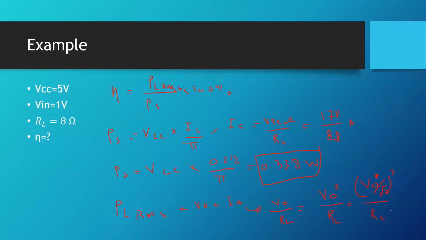So let's move to the next slide here. Our power at the load would be, as mentioned before, V peak was 1.7 volts at the output, over square root of 2, all squared over 8 ohms, which in this case equals 0.1806 watts.